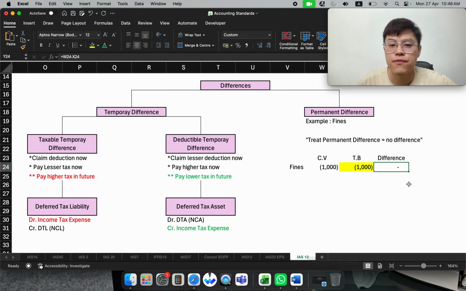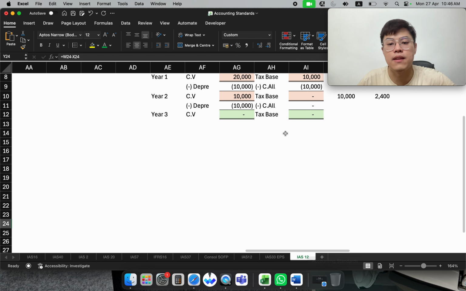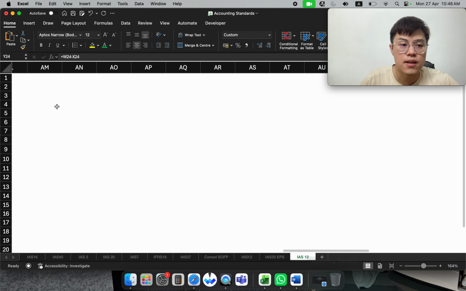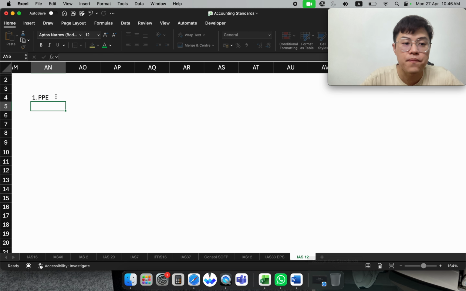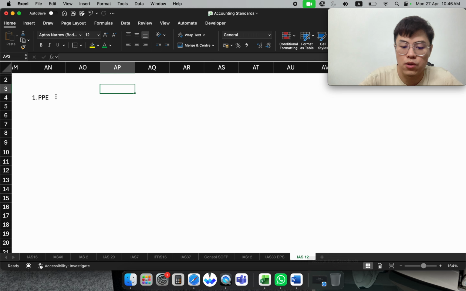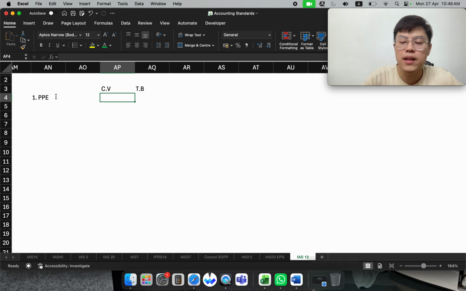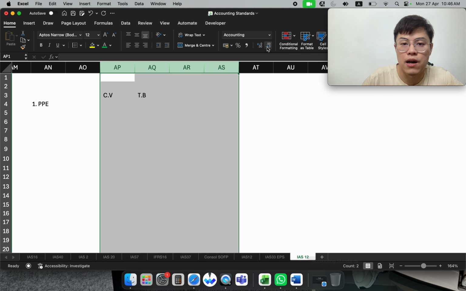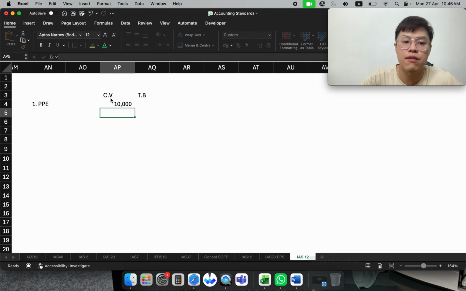And a couple of examples that we always see when we calculate the temporary difference. First is our PPE. So PPE, like the asset that we did just now, has a carrying value and a tax base. Let's say in your accounting, you have 10,000 carrying value.